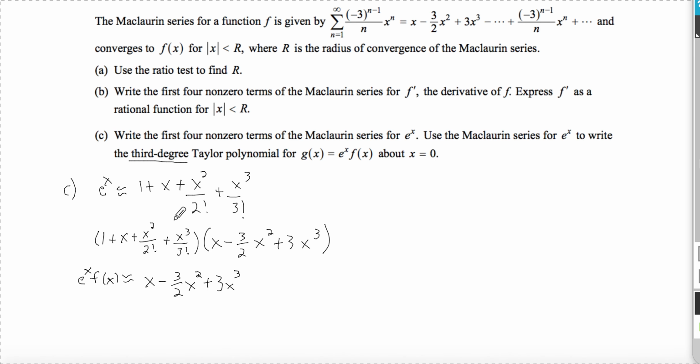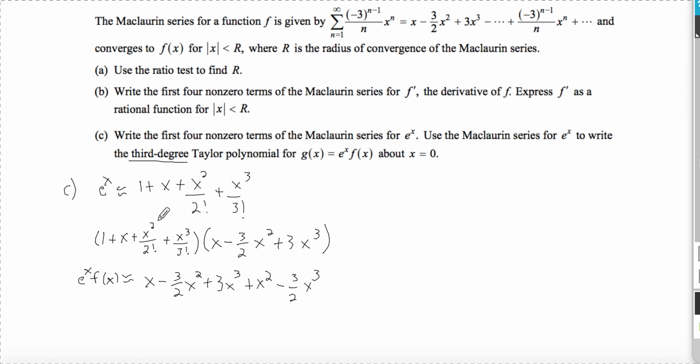x, when it FOILs in, will be x times x, which will give me plus x squared. x times negative 3 halves x squared will give us minus 3 halves x cubed. And that's where I got to stop, because if I multiply x times the next thing, I'll be above a third degree.